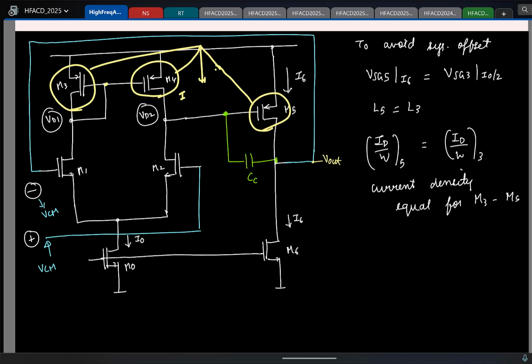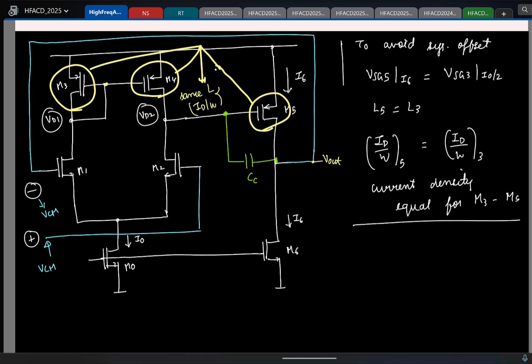So I'll say same length and ID by W. So this is a design choice you have to do while you are designing a two-stage OTA like this, to make sure that there is no systematic offset. Okay.